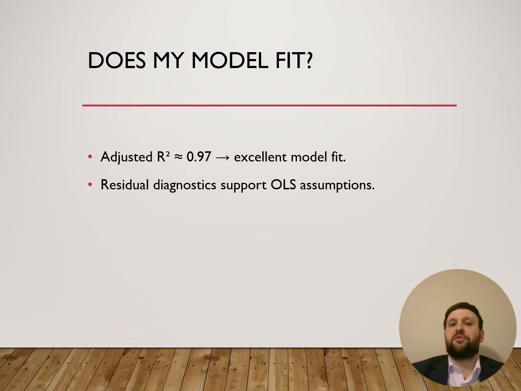All right, so most importantly, does my model fit? My model explains about 97% of the variation in monthly passenger volume, which is exceptionally strong for forecasting. The overall F test confirms that the predictors significantly improve prediction.